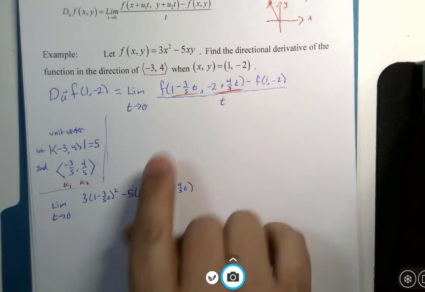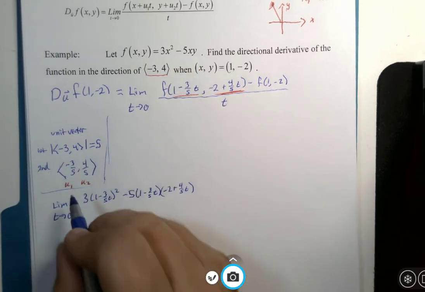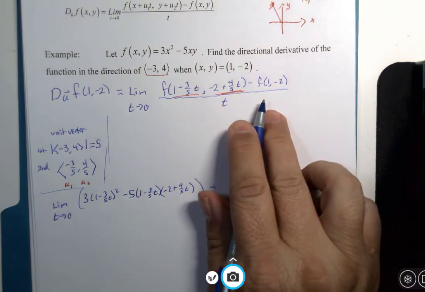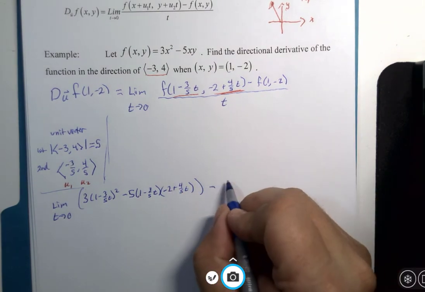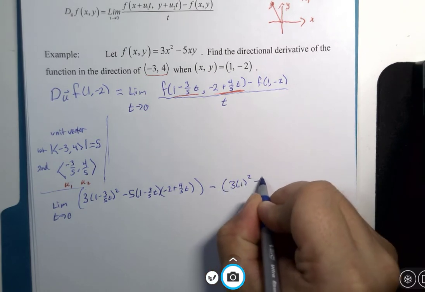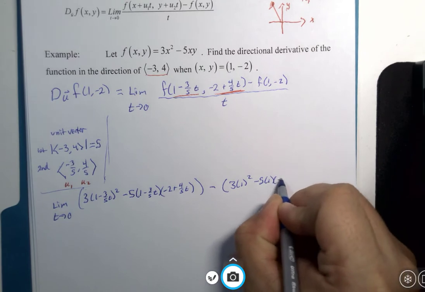So that's what I get when I substitute this into the function, minus what is f of 1 comma negative 2: 3 times 1 squared minus 5 times 1 times negative 2.